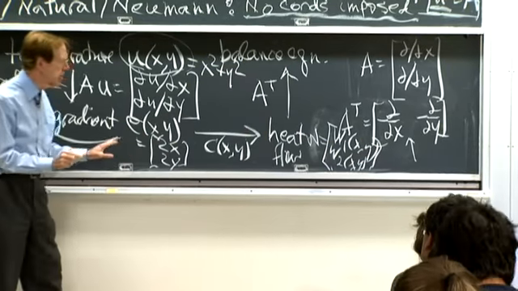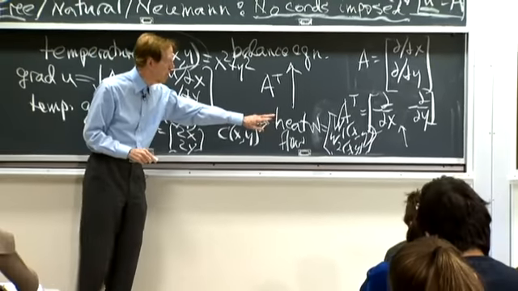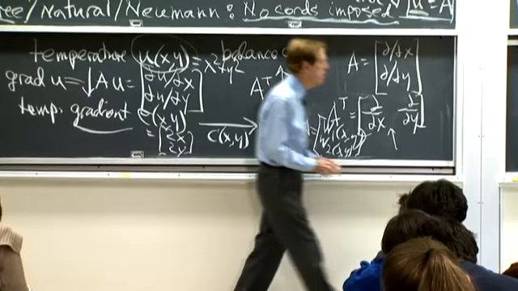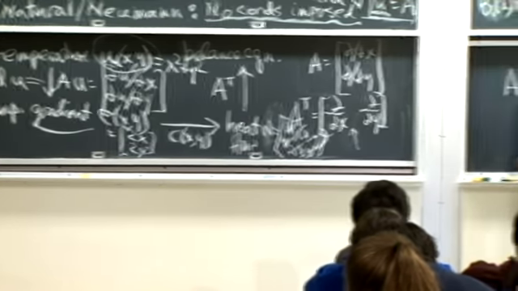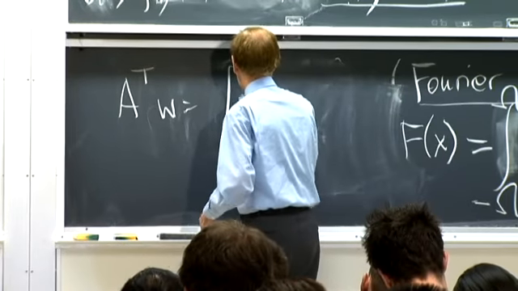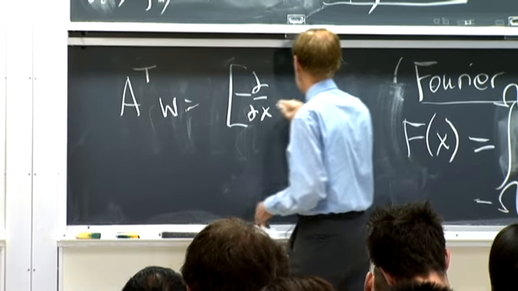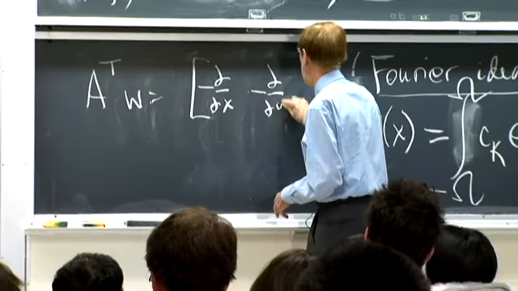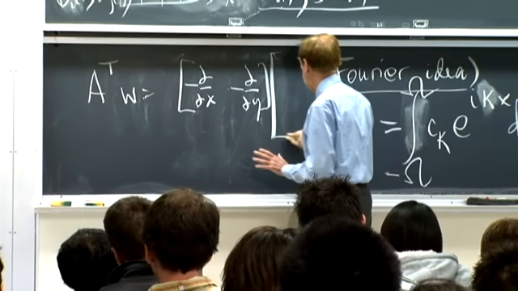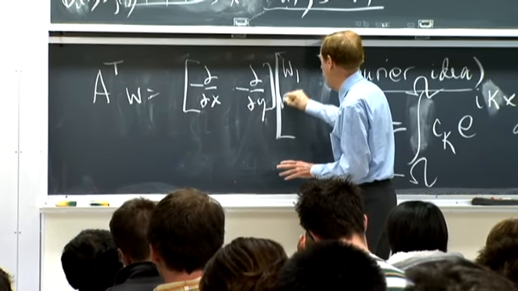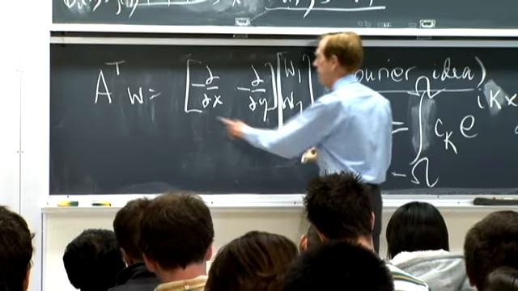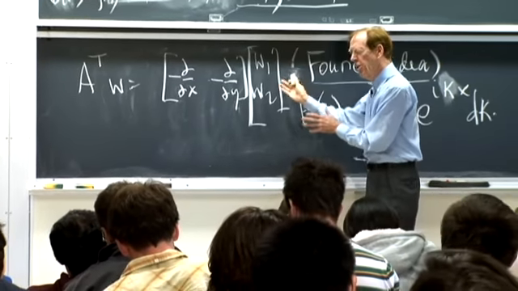So just keep things straight. It's that I want to apply A transpose to. So A transpose W is minus d by dx, minus d by dy, and everything's coming out right because it's applied to a function W1 and W2. W is a vector field.